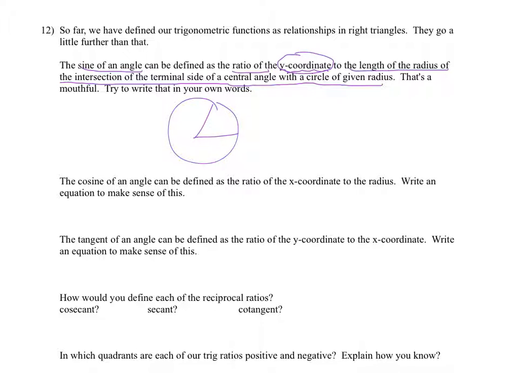If I have an angle, the intersection of the terminal side of a central angle with a circle of a given radius, that's going to be my intersection. So we're talking about the y coordinate here, and the radius here. So sine of an angle could be described as y divided by the radius.